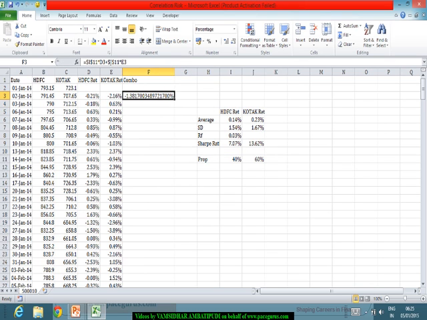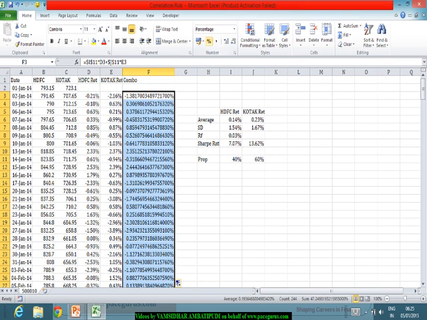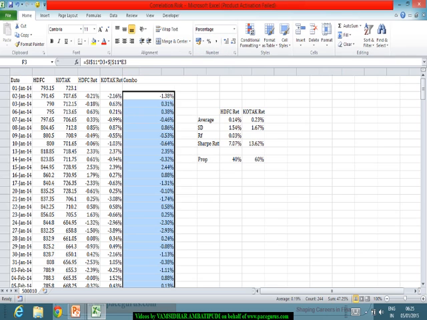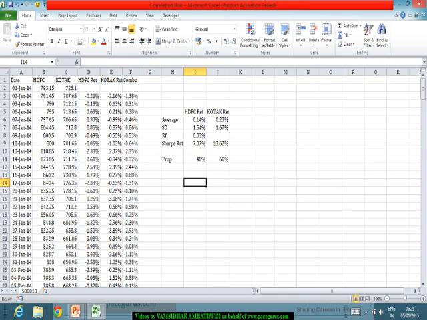The average return for the combo has come out to around 0.19%. The standard deviation for the combo has come out to 1.35%, which means the risk of the combination is much lesser than the individual risk.